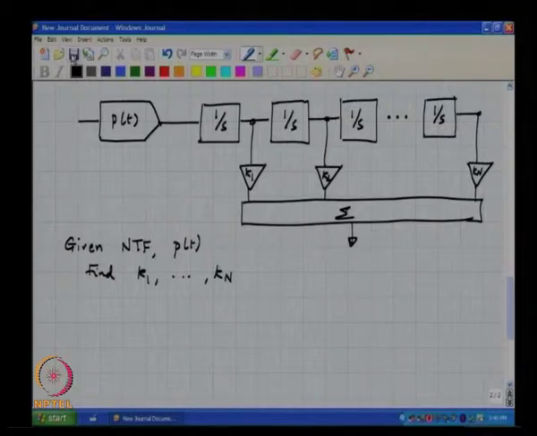So, how do you think I will go about doing this? It is understood first that the NTF is of the form 1 minus z inverse whole power n divided by d of z inverse, correct.